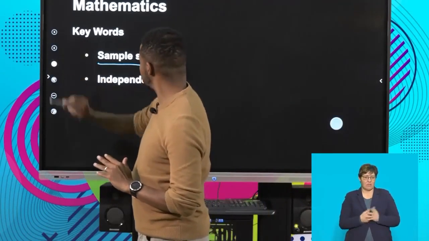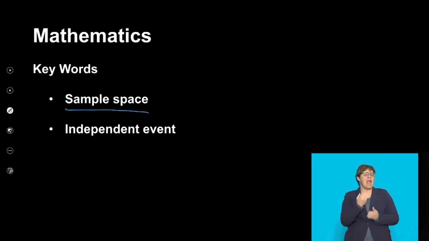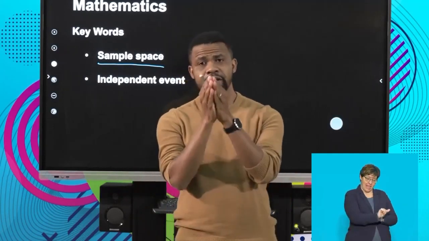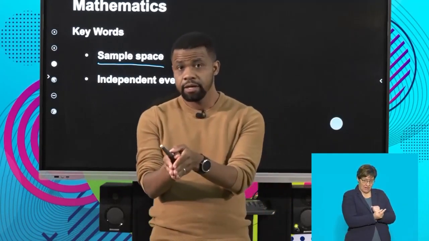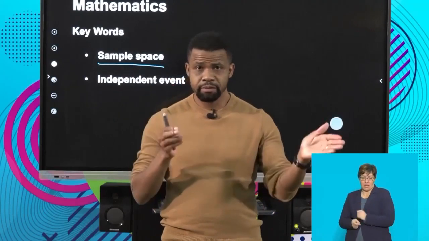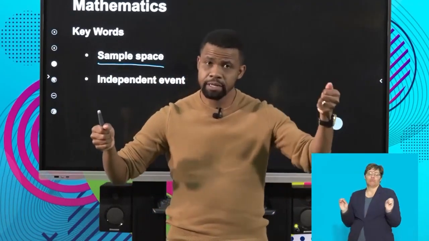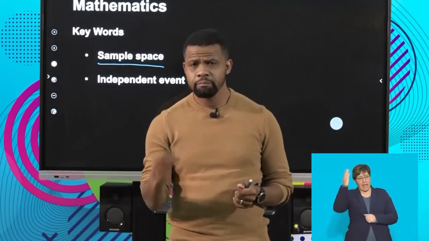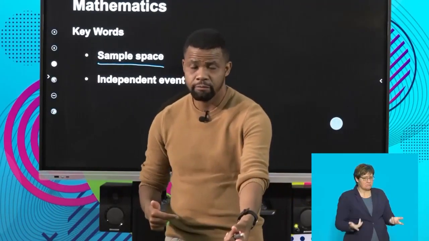Then what about an independent event? Are we together? For independent events, if I have two events, A and B, the likelihood of A happening is not affected by B happening. If I flip a coin, me getting tail doesn't affect getting head on the next flip.